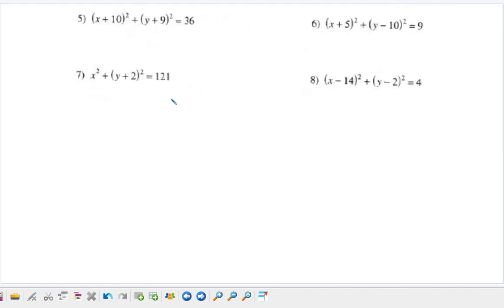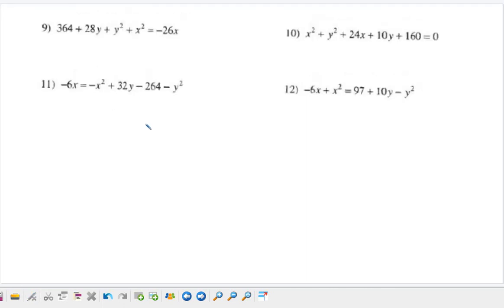It's pretty standard. So 7, 0, -2 for my center. My radius is square root, which is 11. All of those are nice perfect squares.